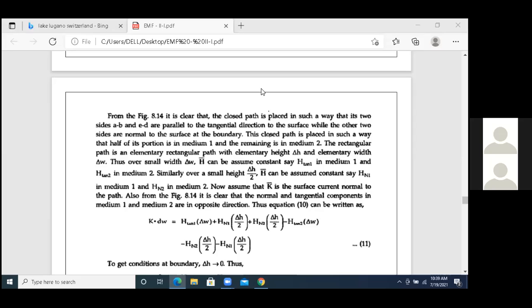I get the general concept, the rectangular path and all of that. So even though I don't follow this part specifically, I know that H tangential is continuous at the boundary.